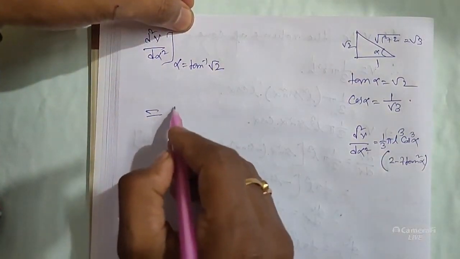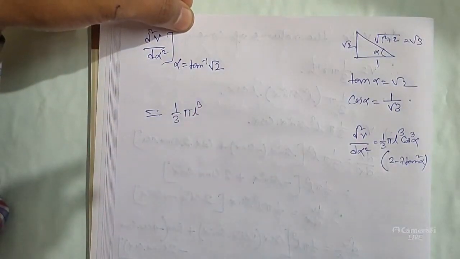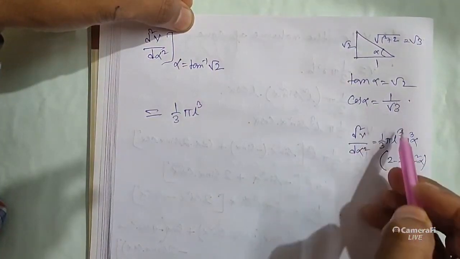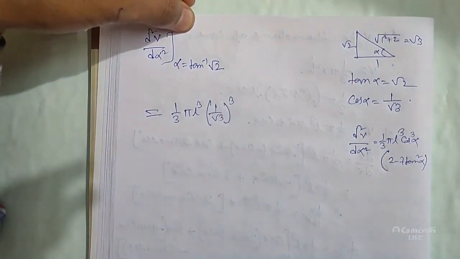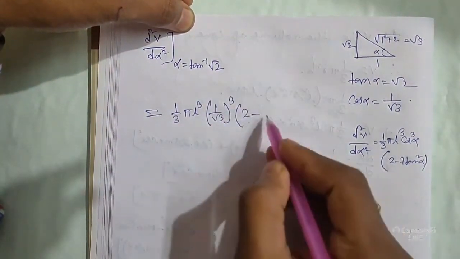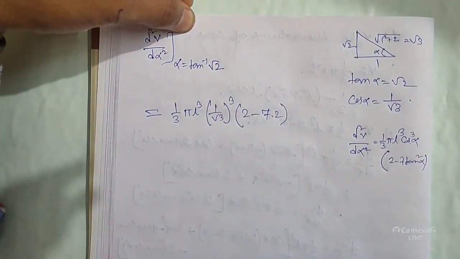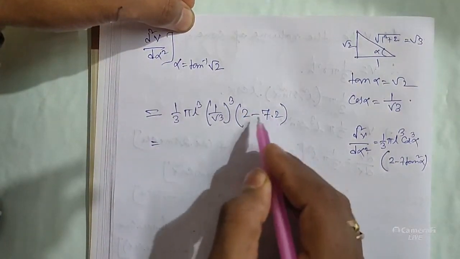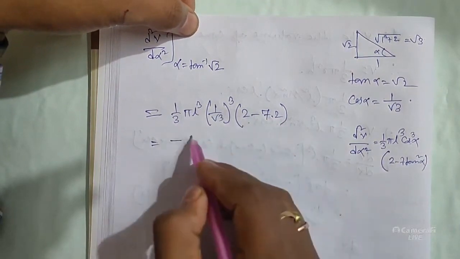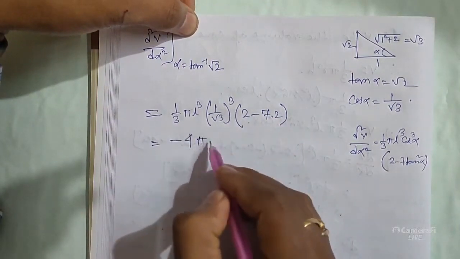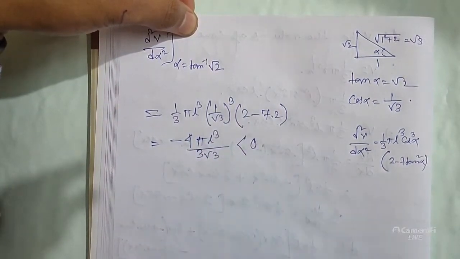So it will be 1/3 pi L cube, now cos alpha equals to 1 by root 3, so 1 by root 3 whole cube into 2 minus 7 tan square alpha, that is 7 into 2. So ultimately what is coming here? Negative sign is coming. 2 minus 14, that is minus 12. So minus 4 pi L cube by 3 root 3, which is less than 0.